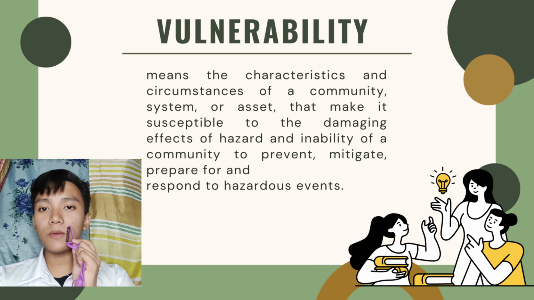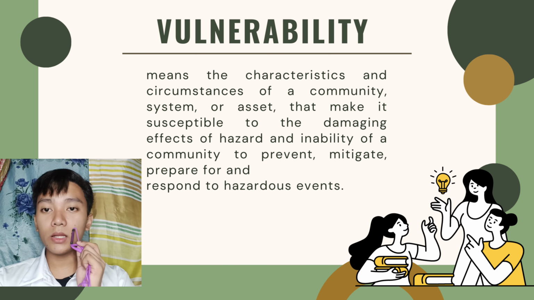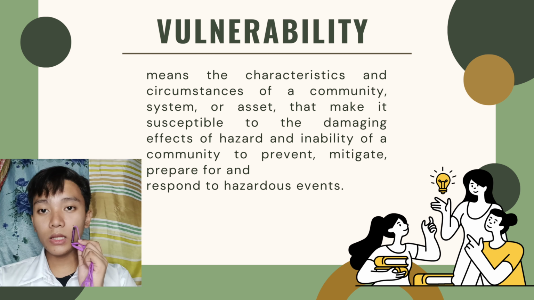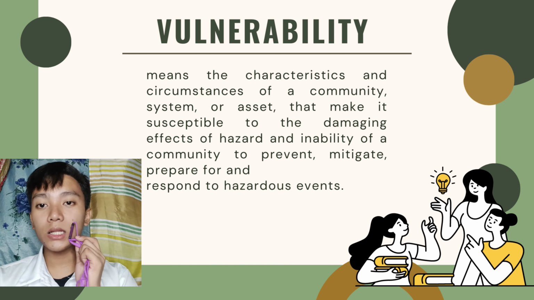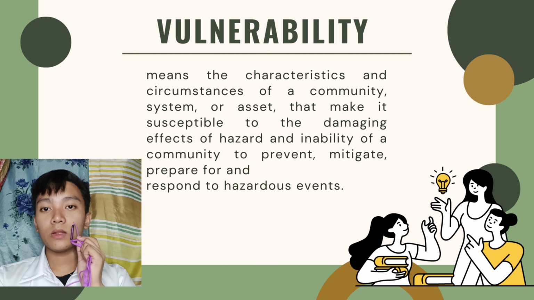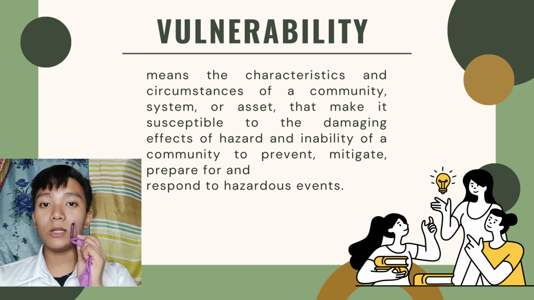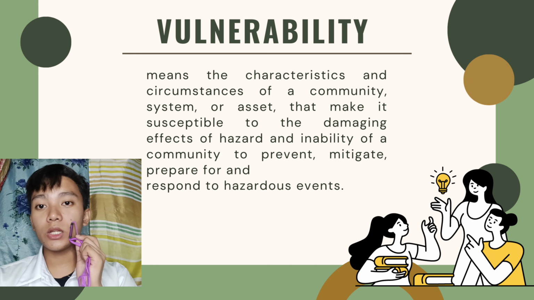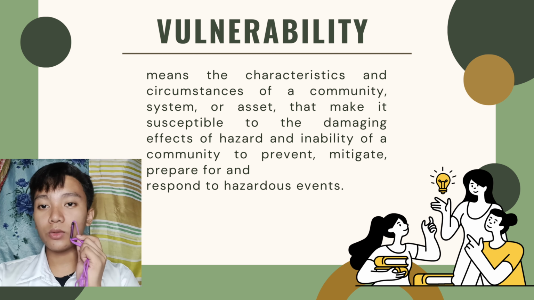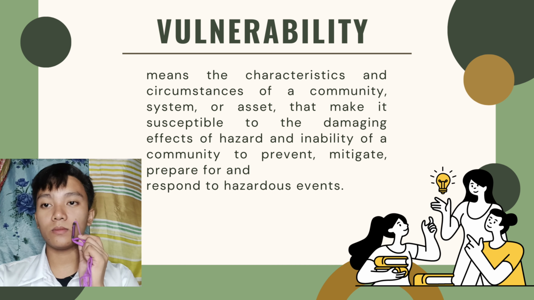Now, vulnerability refers to the susceptibility of people, buildings, and other assets to harm or damage from a hazard or disaster. Vulnerability is influenced by factors such as age, gender, socioeconomic status, access to infrastructure and services, and level of preparedness.